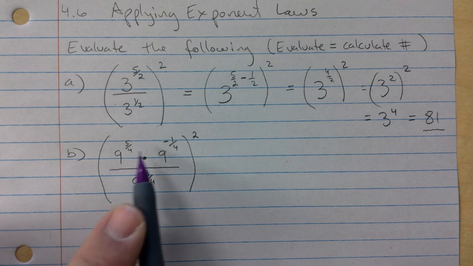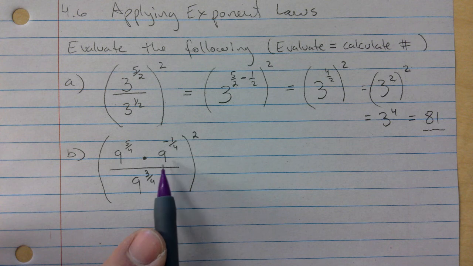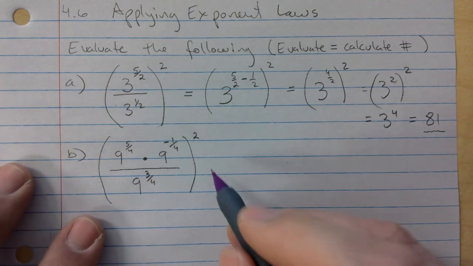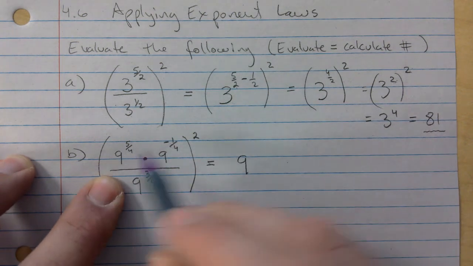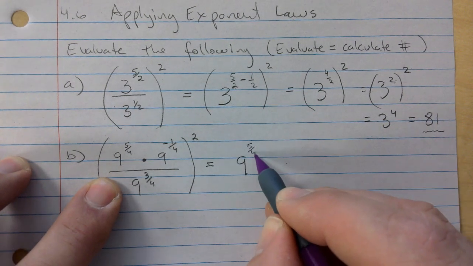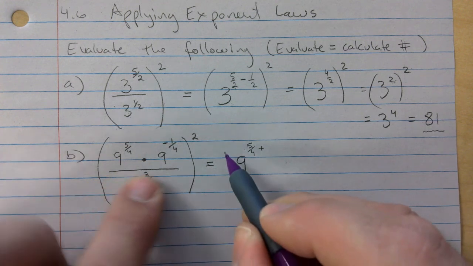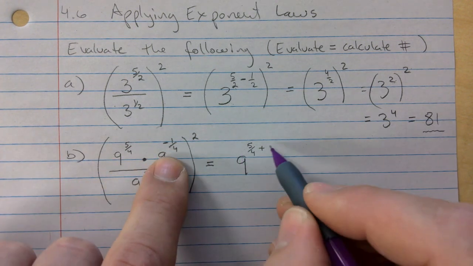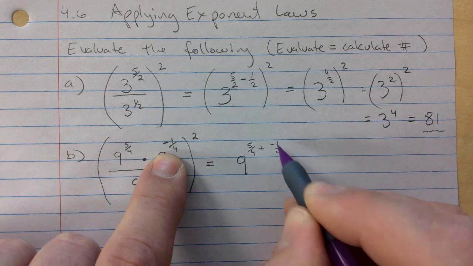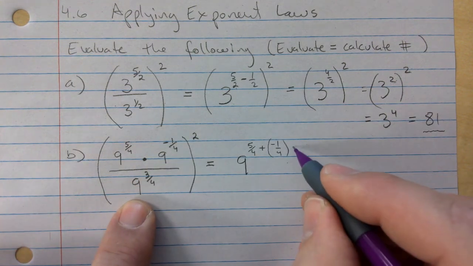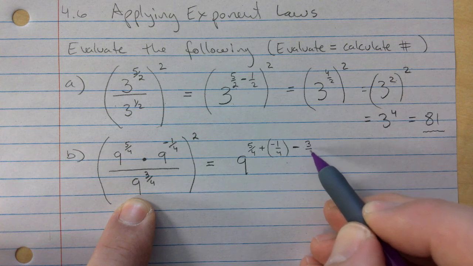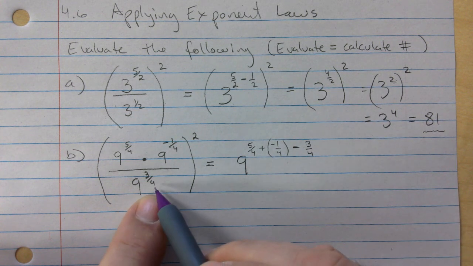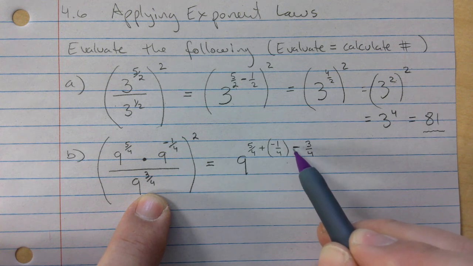I showed you one example towards the end of yesterday's lesson. Same base, same property applies. So we're going to go 9. We're going to take 5 over 4. We're going to add, because when you multiply across like this, you add, negative 1/4. And then you subtract the exponent that is in the denominator. That is very important.